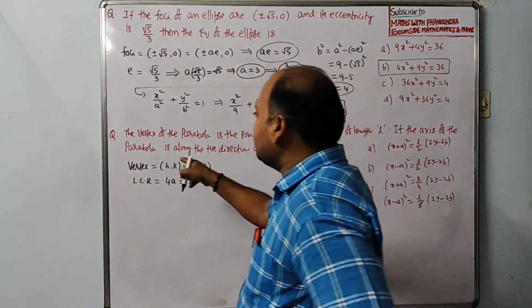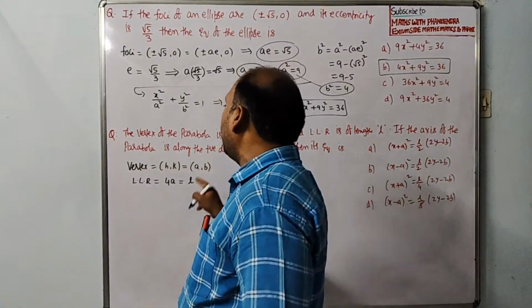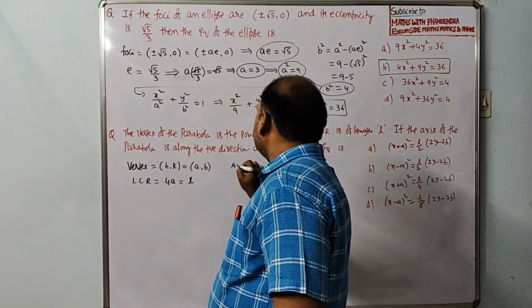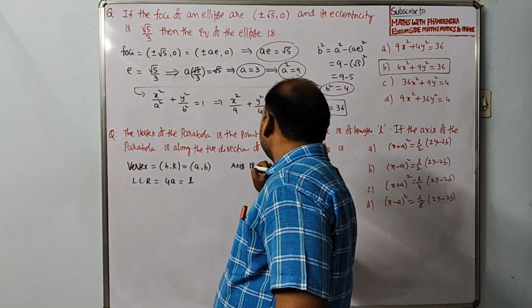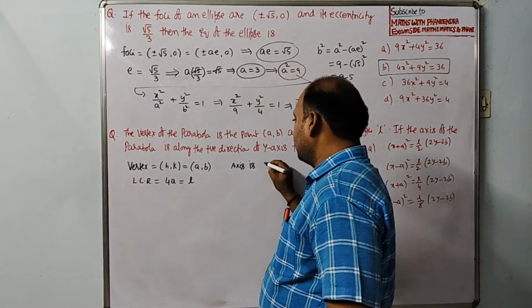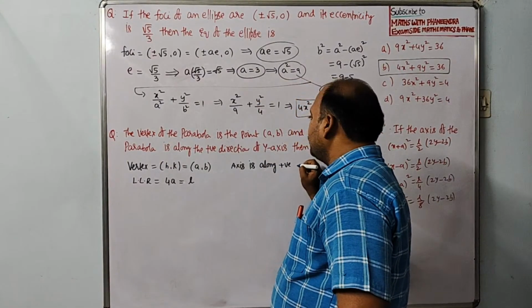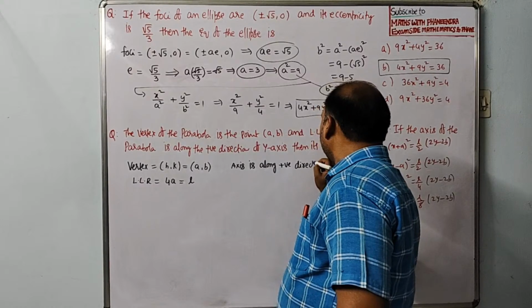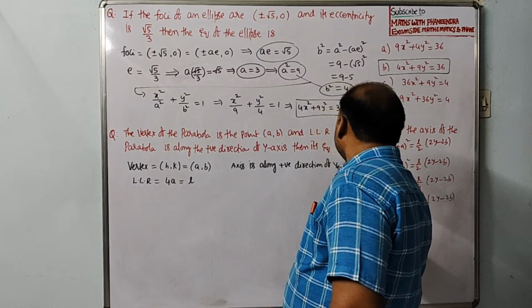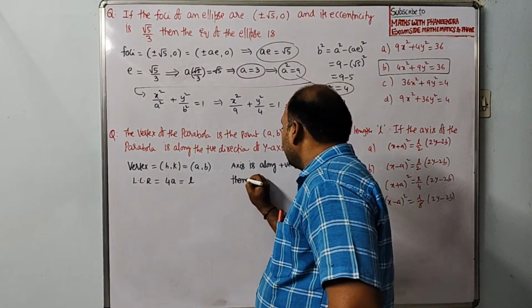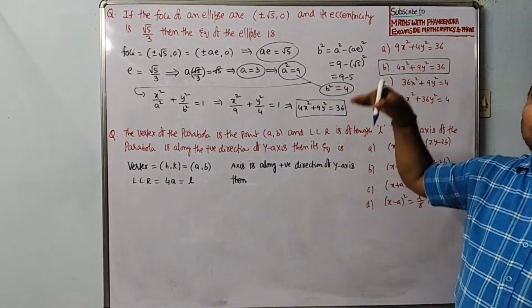If the axis of the parabola is along the positive direction of y-axis, then positive direction of y-axis means what?